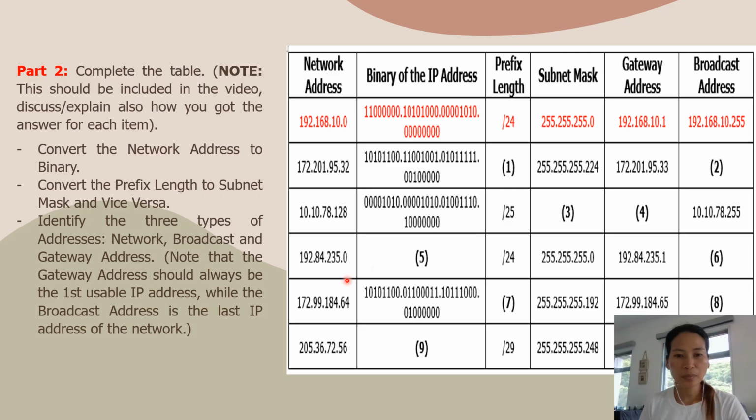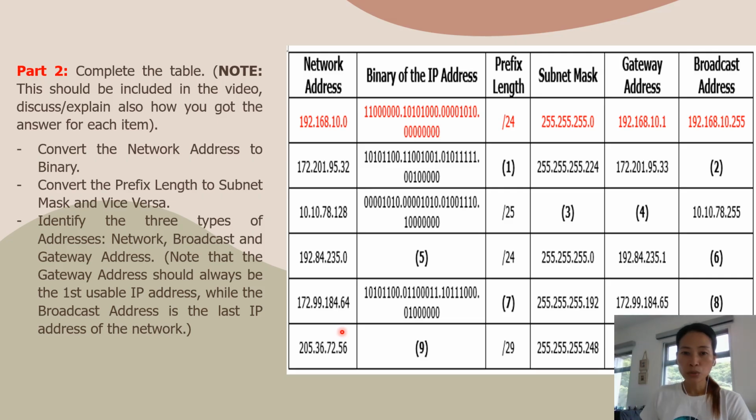Okay, next would be 235. We can get 235 by adding 128 plus 64 plus 32 plus 8 plus 2 plus 1, which equals 235.